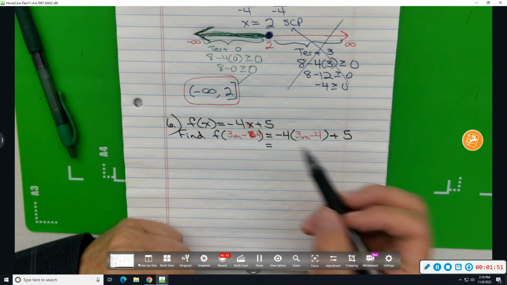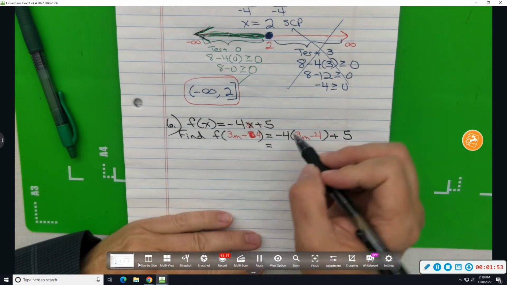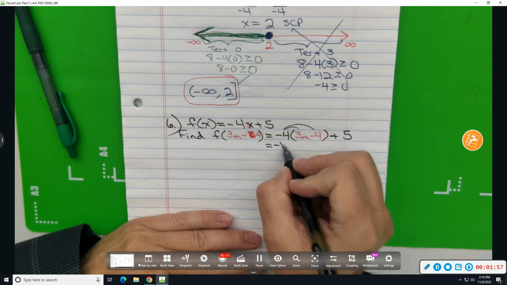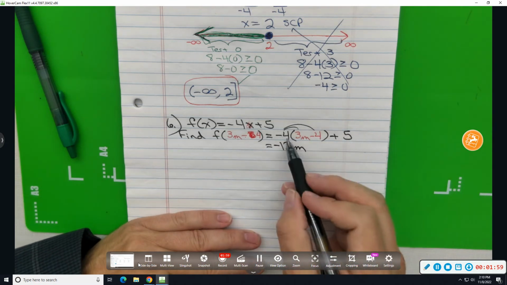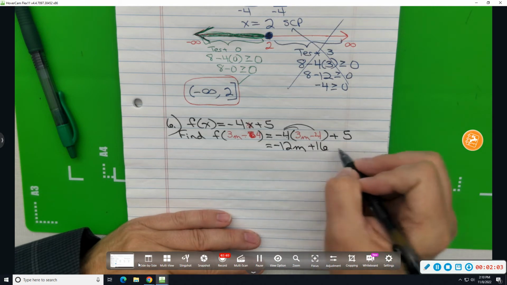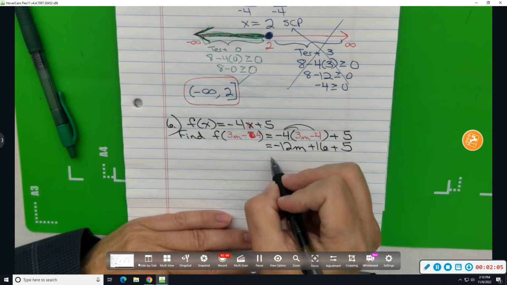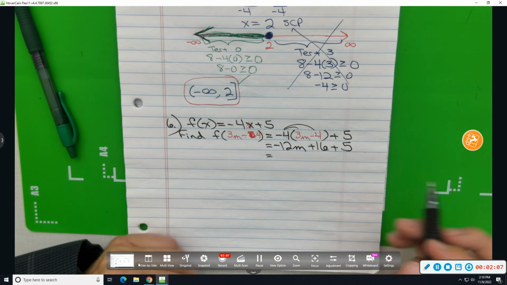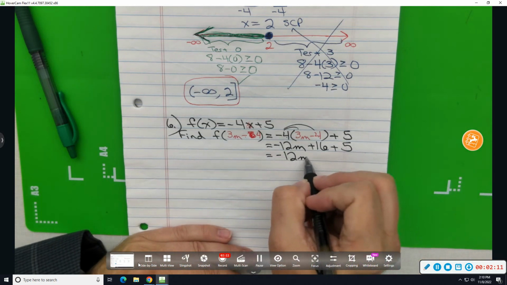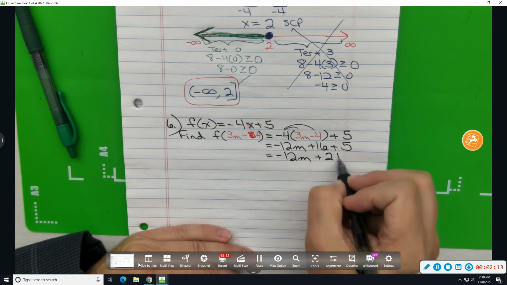And we can distribute the negative 4 to give me a negative 12m. Negative 4 times negative 4, that's a plus 16, plus 5. And we can combine the constant terms to get the final answer, negative 12m plus 21.